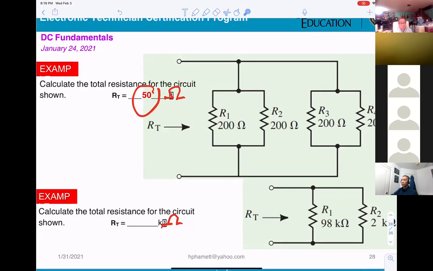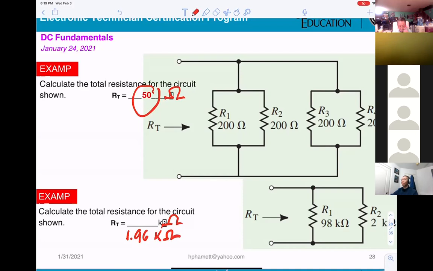The answer is 1.96 kilo ohm. Total equals what number? Yeah, I agree, 1.96 kilo ohms. Is it 1.96? Yes, it is. Needed a calculator for that one.